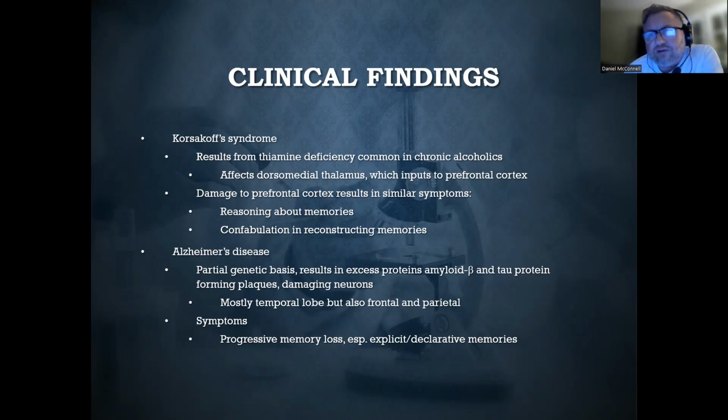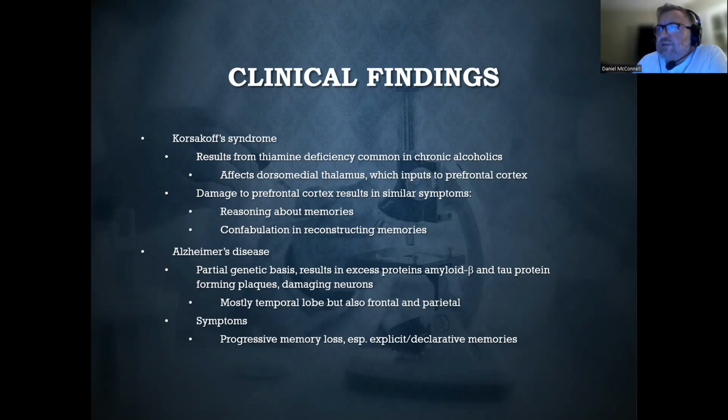We can look at a few other clinical findings as well. I've talked already about Parkinson's disease a little bit and the changes to the midbrain, and what happens with damage to the hippocampus. But there are a few other things that impact memory ability. For example, Korsakoff syndrome is not especially common.